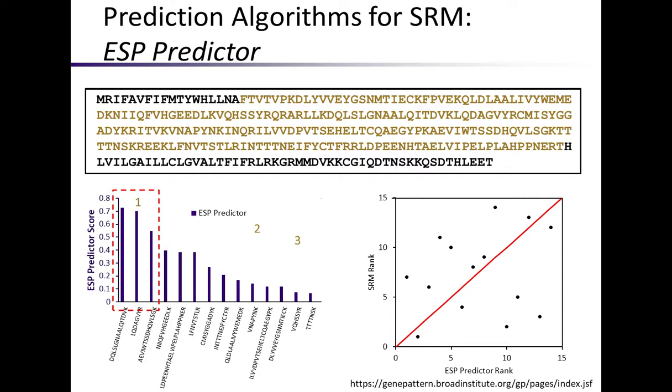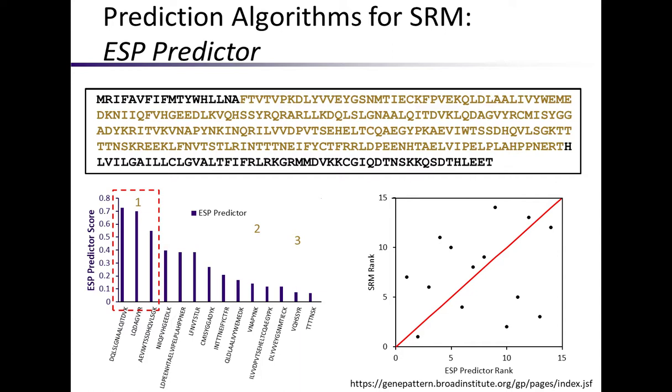We'll talk about this a little later, but I bought this protein, so I only bought a portion of the sequence, not the entire sequence length. So I have the ESP predictor score here in purple. I measured the peak area by SRM here in gold, and we can see the correlation between the two on this curve. I've actually plotted the correlation.